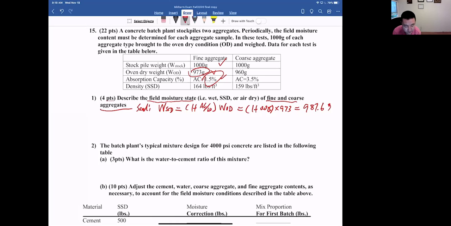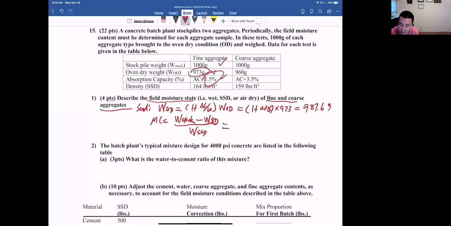Based on that, we can calculate the moisture content, which is equal to W stock minus WSSD over WSSD.